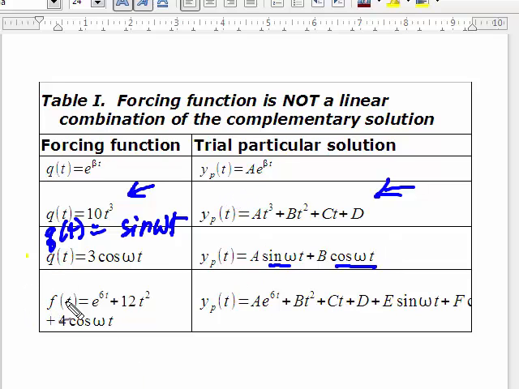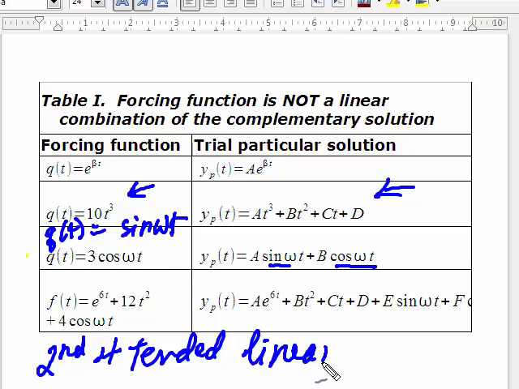And now the final row in this table demonstrates that second extended linearity principle. This principle says that if your forcing function is several terms added or subtracted together, then you can find particular solutions that apply to each one and add those together later.